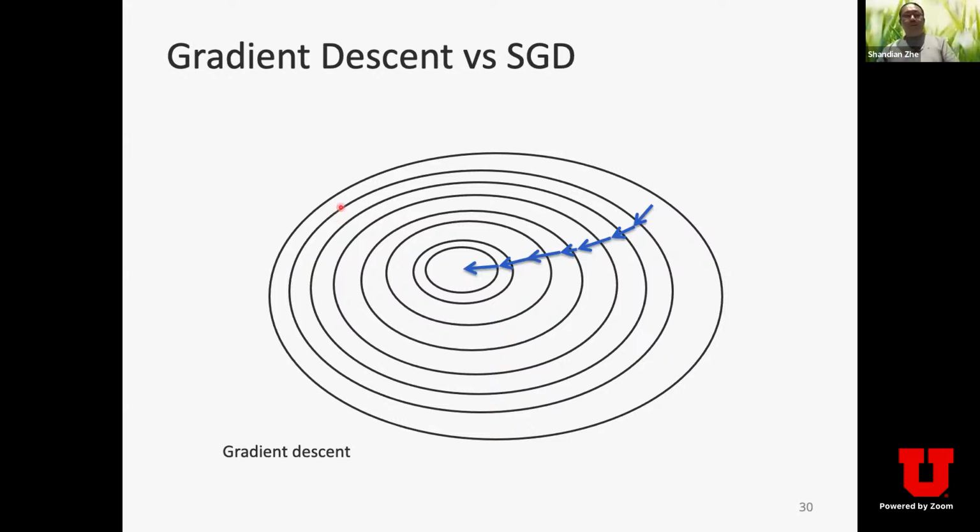Okay, so suppose this is the contour lines of the objective function. Each contour line represents points where the function has the same value, right? So the middle here is the minimum. Suppose we're starting from here. You can see the trajectory of gradient descent is like that, right? Every time I compute the exact gradient, which indicates where the function is going to decrease.